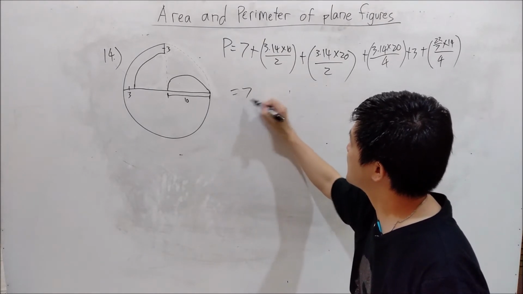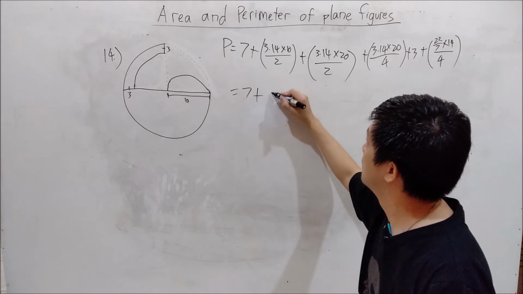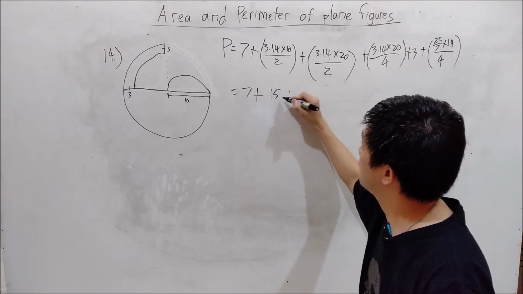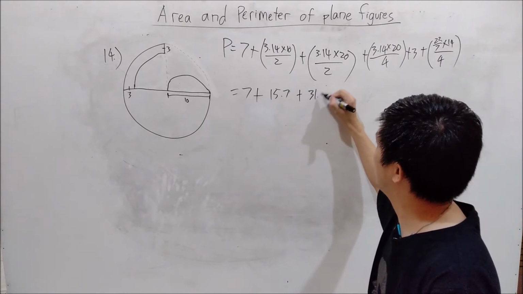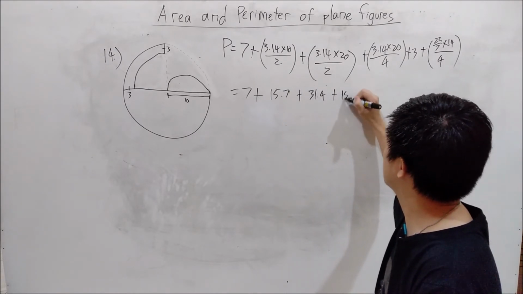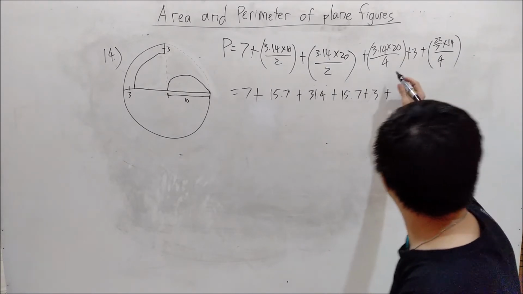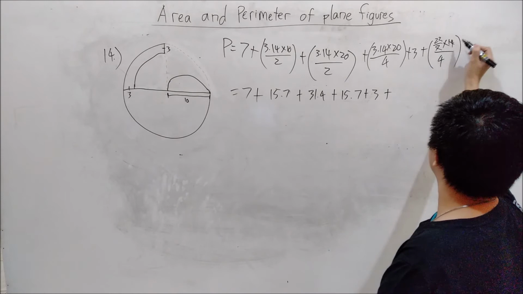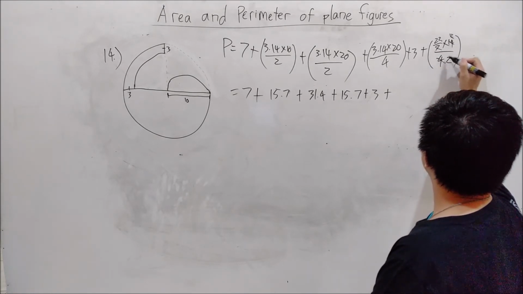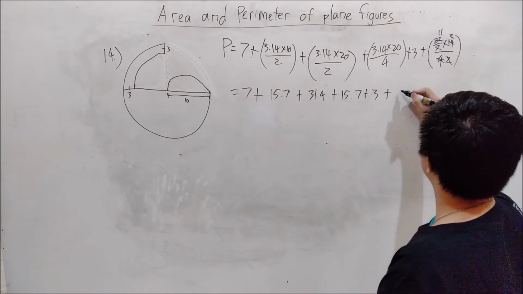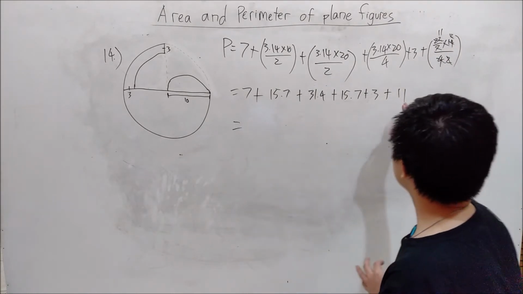Well, let's count all of this. So we will have 7 plus 15.7 plus 31.4 plus 15.7 plus 3 plus 11. If you count the 7 and 14, it will leave me 11. Okay, then we will add this up.